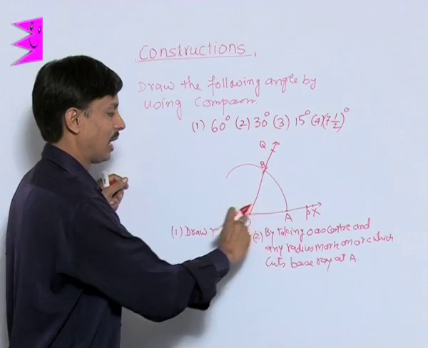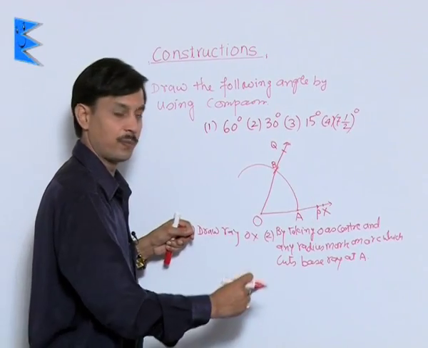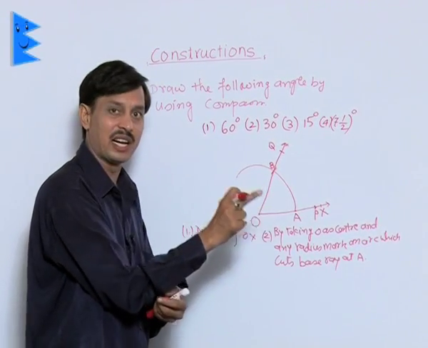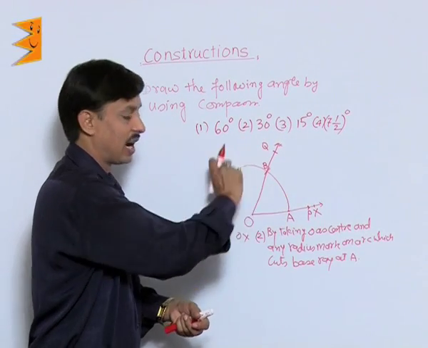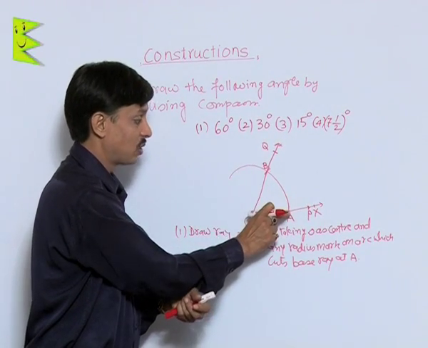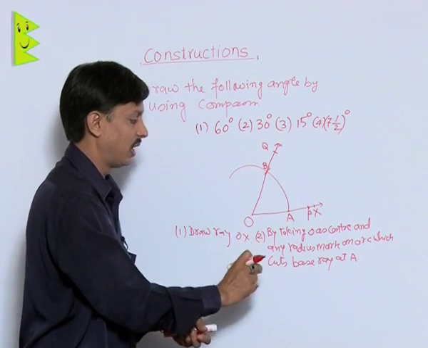What we have done: we have drawn a ray OX, taken O as center and any convenient radius, then marked an arc which cuts our base ray at A.